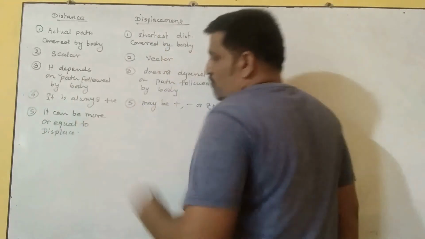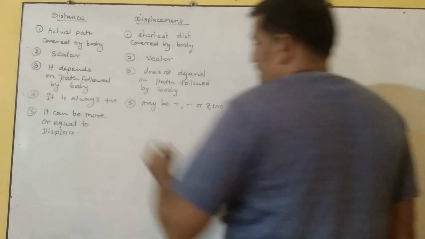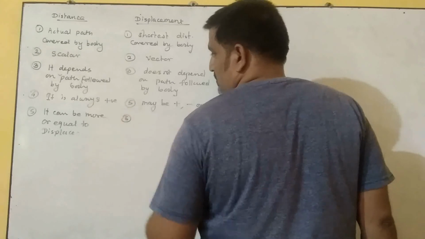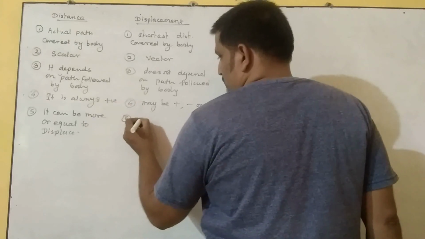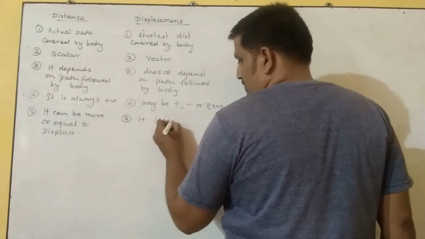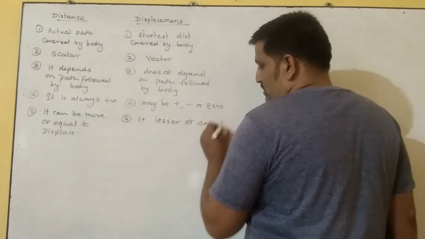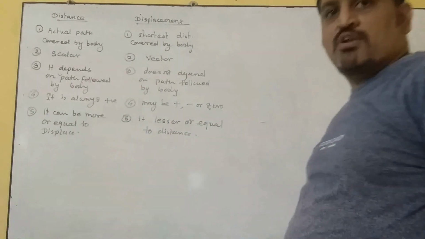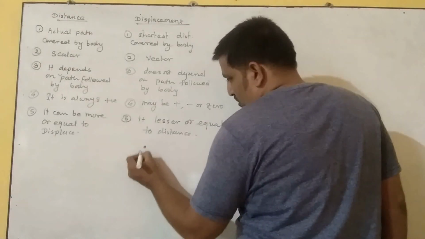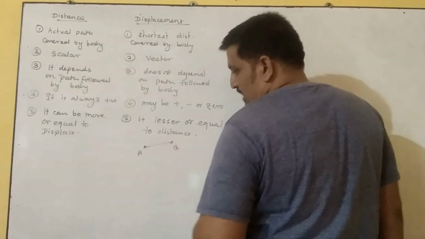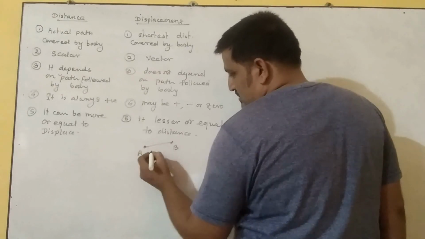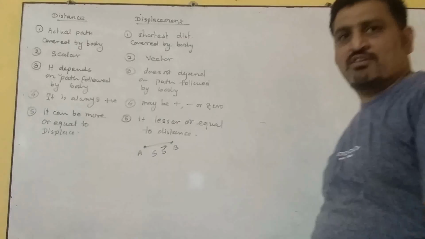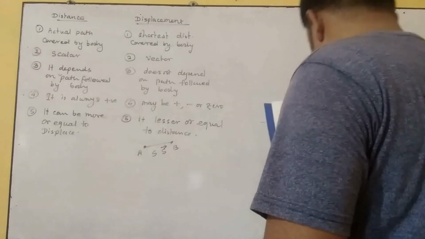That is, distance can be greater than displacement or it can be equal, but displacement is lesser than or equal to distance. How equal? If the body moves in a straight line from A to B, the distance is S, then the displacement is the same, S bar, only the direction is there, in which direction the body moves.